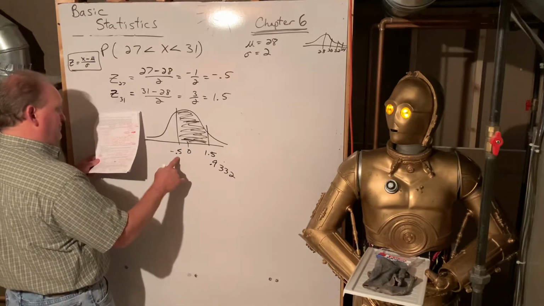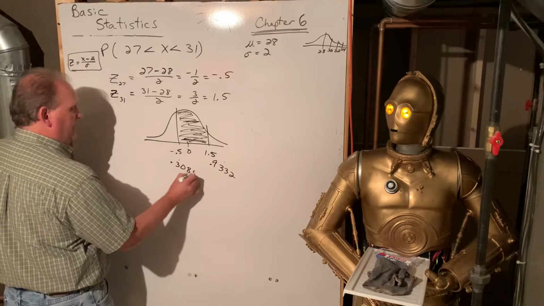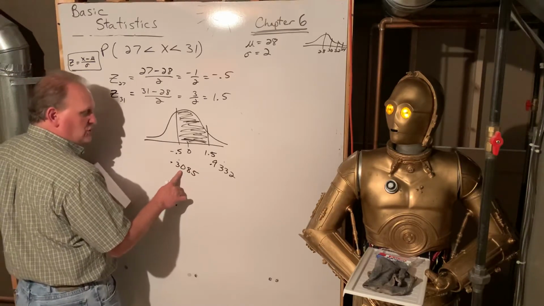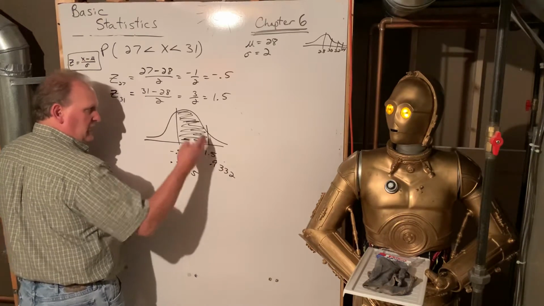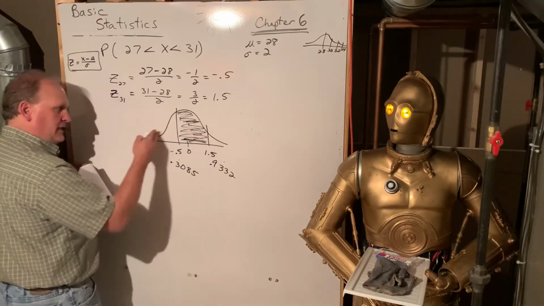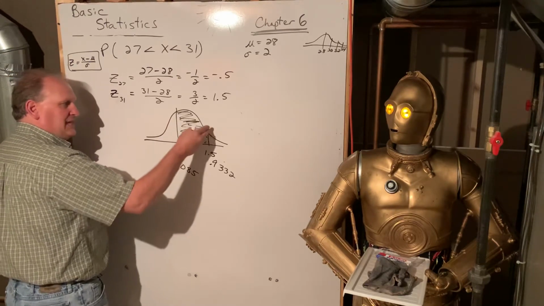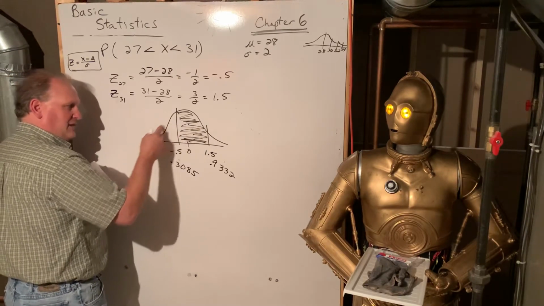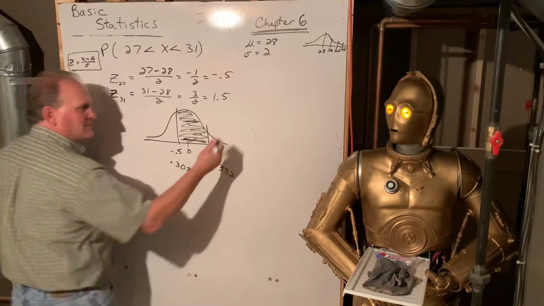And -0.5 is 0.3085. So that's like the 31st percentile and the 93rd percentile. This goes all the way down to here; this goes from here to there. If we take that whole area and subtract off this area, then we'll have that shaded area. So that's what we're going to do.